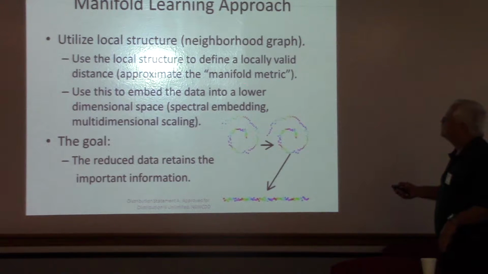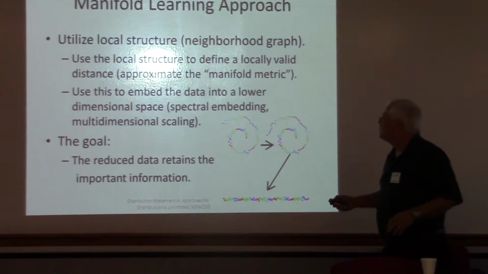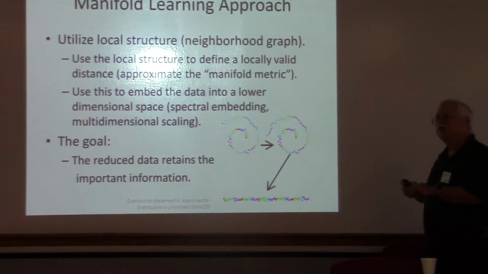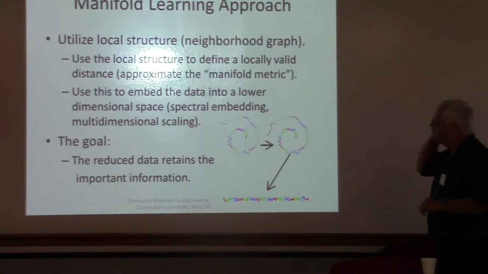But the idea is that you're sort of estimating the distance in the manifold, in the space the data actually lives. Then you can use that with a thing called spectral embedding, which is what multidimensional scaling does, to sort of unwind this thing into a lower dimensional space where all of the important information has been retained, the local distance information.